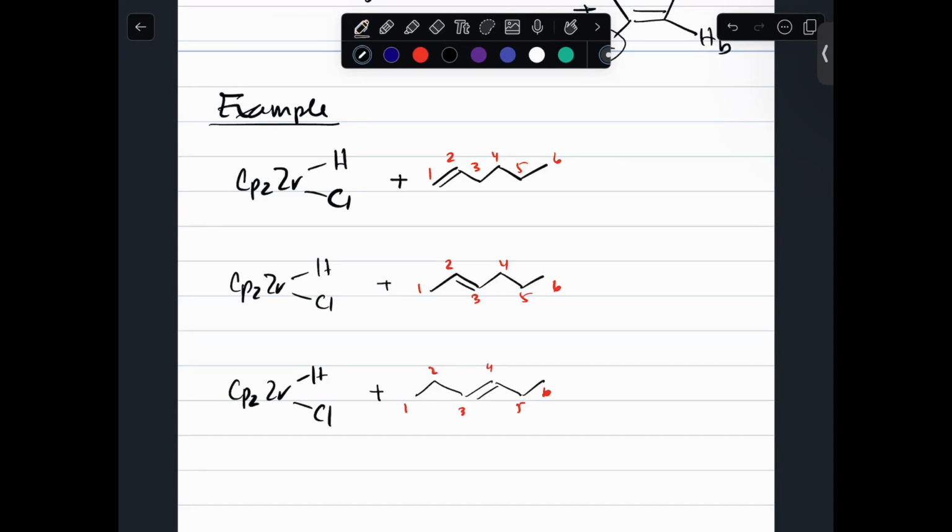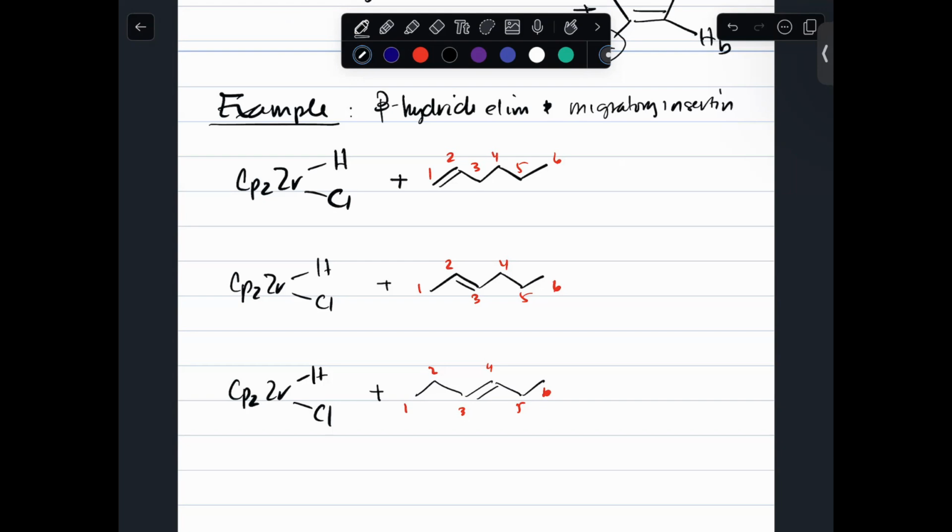And so this is a really nice example of beta hydride elimination and migratory insertion with an alkene occurring.